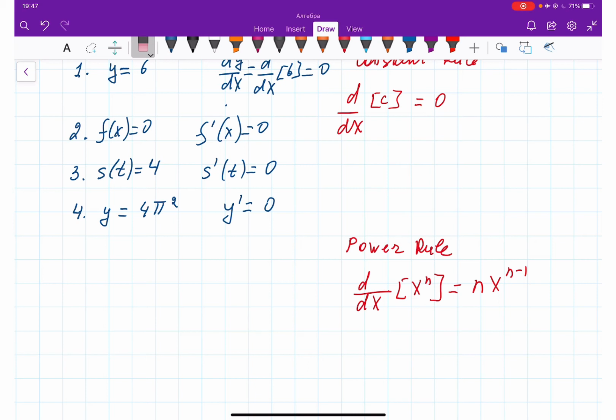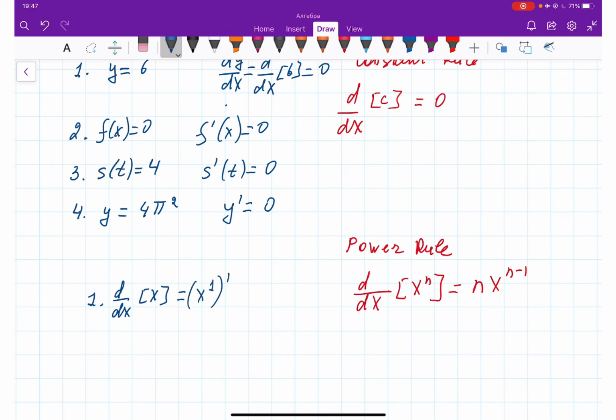So let's assume we take the derivative for x. So I can write down x to its power 1, right?